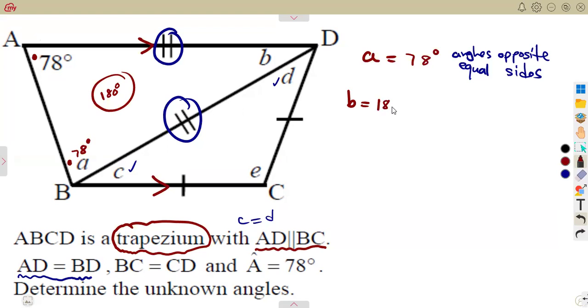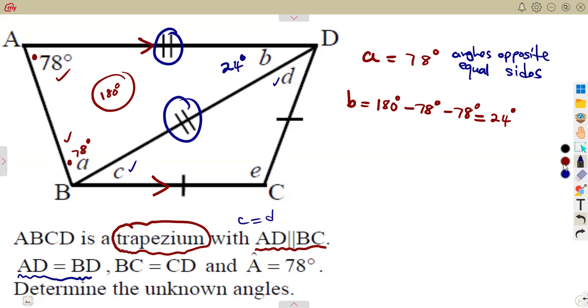So we are simply going to subtract these two angles from 180. We subtract the 78. We also subtract the other 78 from 180 degrees. That was going to give us angle B, since angles inside of a triangle add up to 180 degrees. So that was going to be 24 degrees. So the reason is angles in a triangle add up to 180 degrees. All right, so we've got angle B.